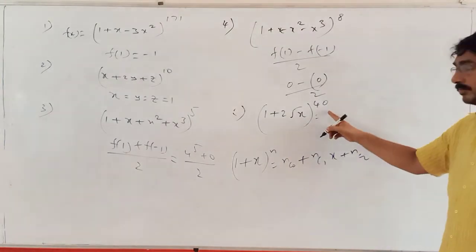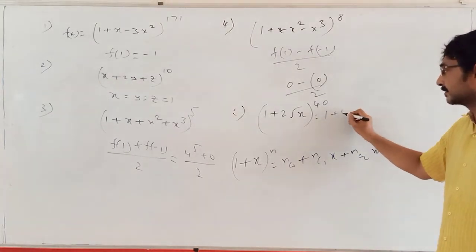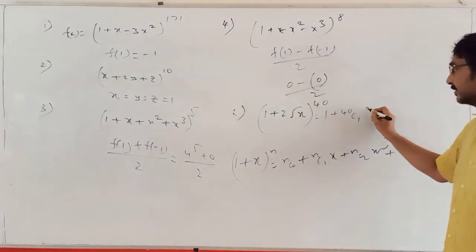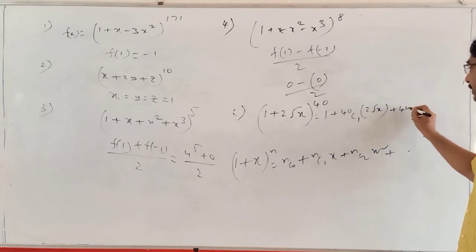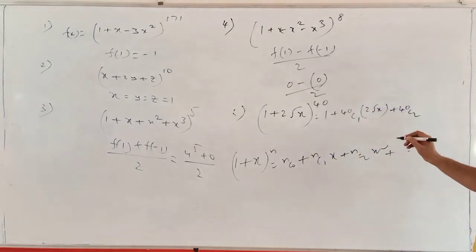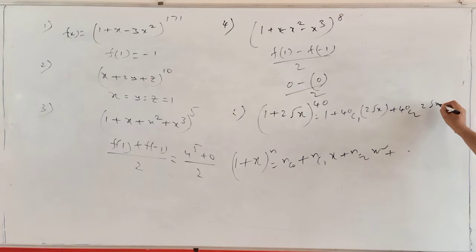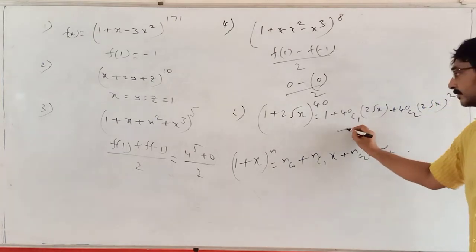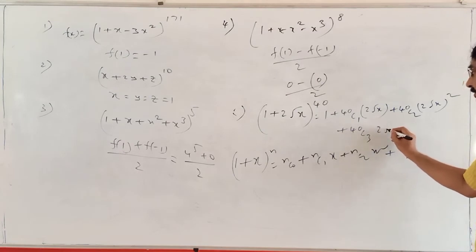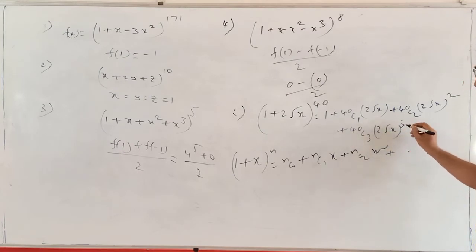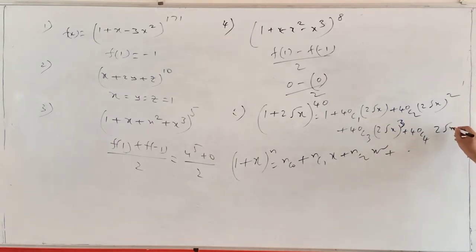So from this formula, for this: 1 plus 40C1 into 2√x plus 40C2 into (2√x) squared plus 40C3 into (2√x) cubed plus 40C4 into (2√x) to the power 4 and so on.